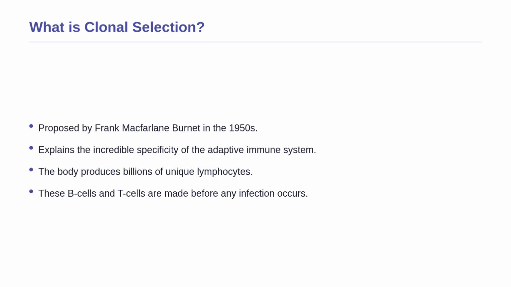According to this theory, our bodies produce billions of unique lymphocytes, which are specialized white blood cells like B cells and T cells. The crucial point here is that these billions of unique cells are generated long before any infection ever occurs. They are the pre-made traps waiting patiently in your fortress.